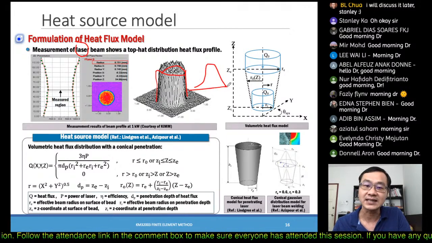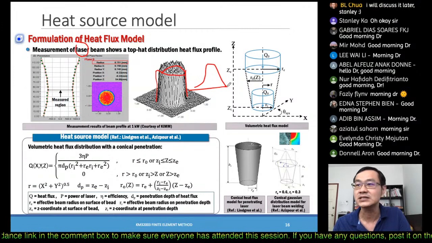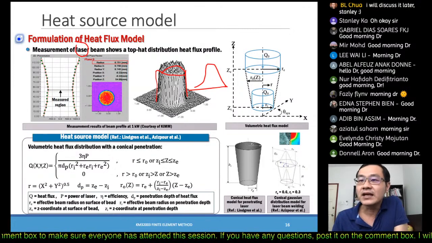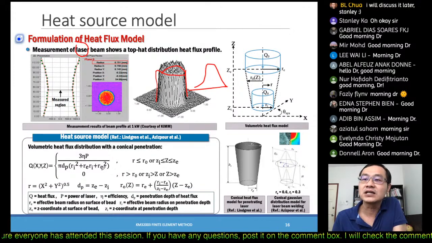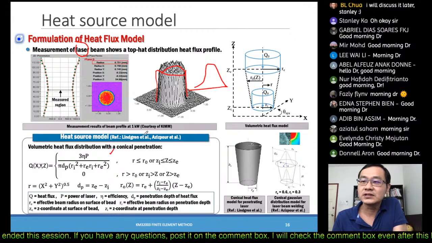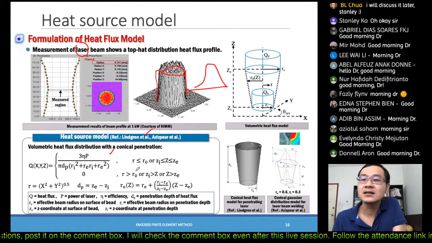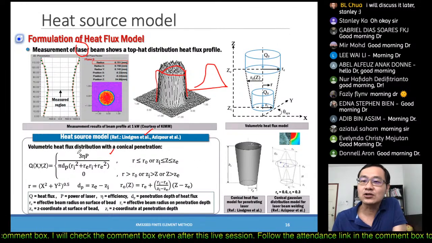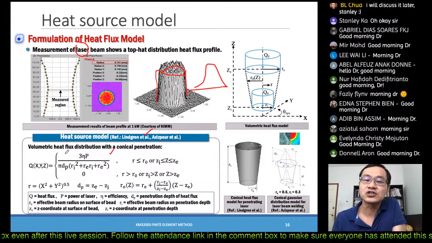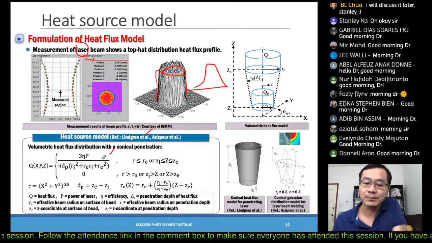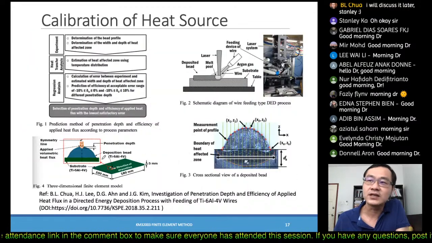It depends on the setting of the laser beam itself. From there we can always model this heat flux according to some established model. We just plug it in and model this shape into a mathematical function, and this will be applied to the software itself.